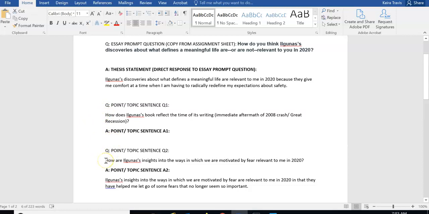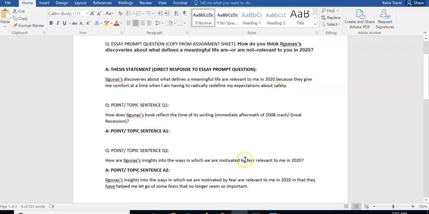Okay, number 2. I'm thinking of this as a second body paragraph. How are Ilgunis's insights into the ways in which we are motivated by fear relevant to me in 2020? So fear relates to safety. Radically redefining my expectations about safety.